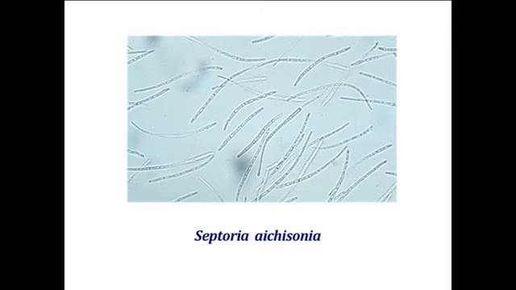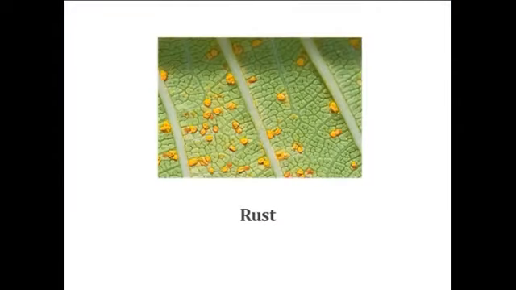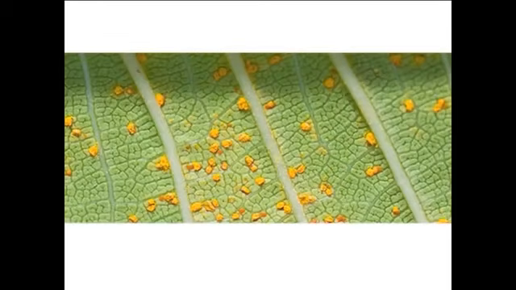The fungus forms simple pycnidia with thin walls. Conidia are filiform, hyaline and multi-septate. This is all about the character of this pathogen. Next important disease is rust. The fungus attacks leaves, stem and inflorescence.